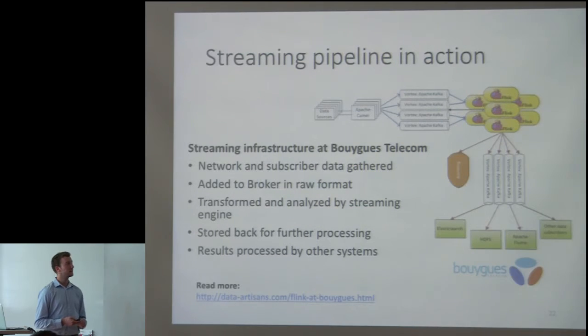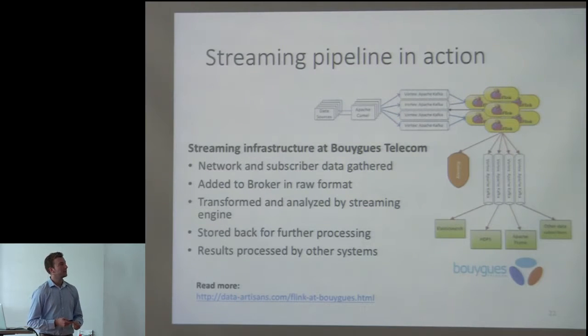So in this case, it's very important that they can get the alerts as fast as possible. So that's why they have chosen Flink to get a very low latency. But we could probably substitute it with Spark streaming and get similar results.